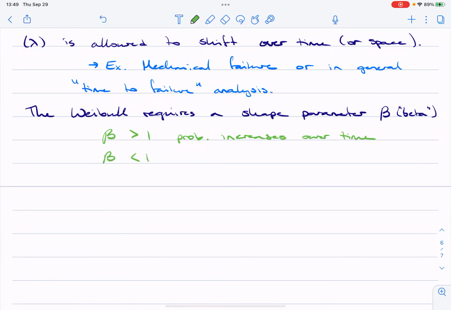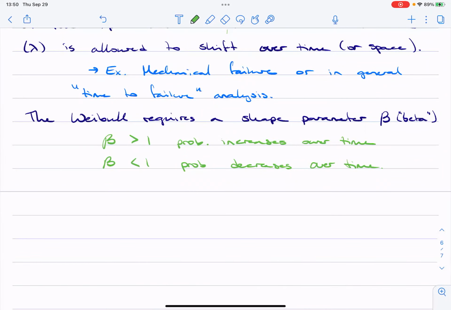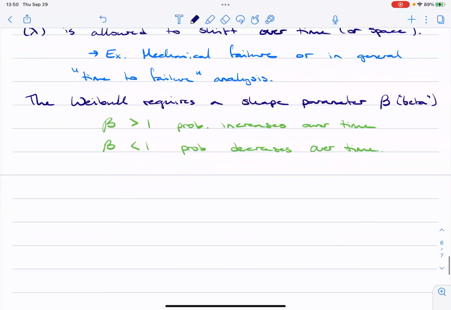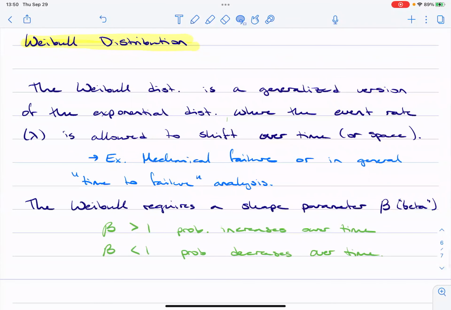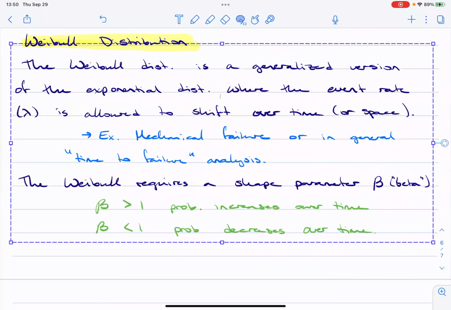And if beta is less than 1, then the probability decreases over time. We don't have lambda anymore because lambda has to be constant, right? And so we use something called eta, which is like a big fancy n, as the characteristic of life or the scale parameter. So let's see if I can keep this all on this one page here. I'll need one more line.